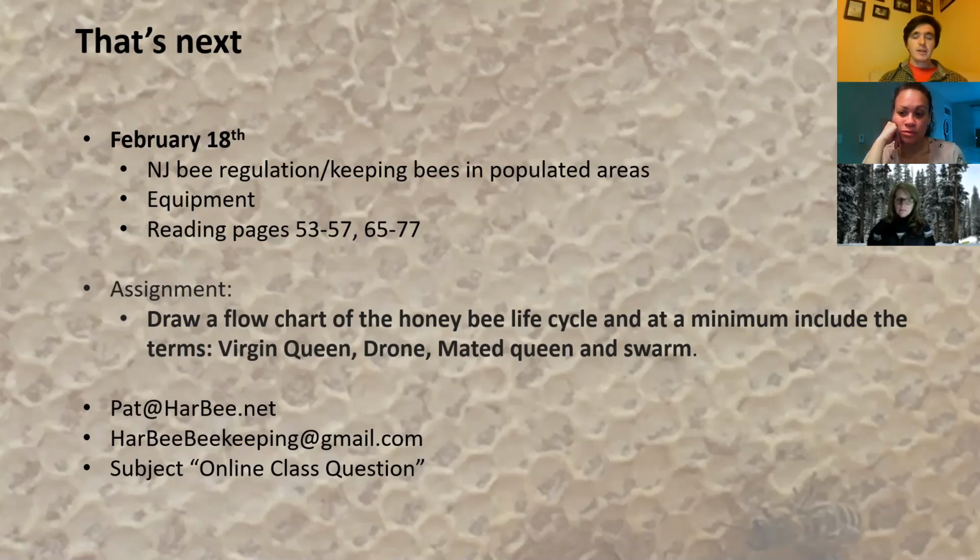So yeah, I'm going to cover equipment. The pages in the book that's on the syllabus that talk about equipment are there, and I think it might be the shorter one of these two that talks about keeping bees in populated areas.